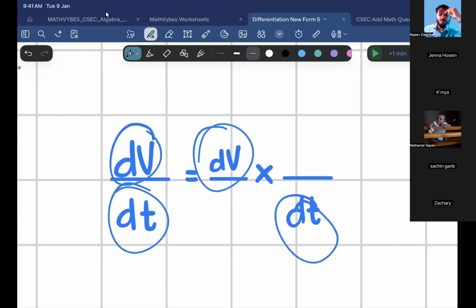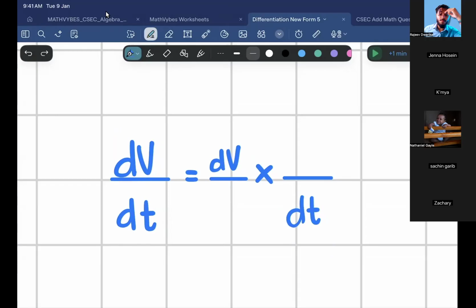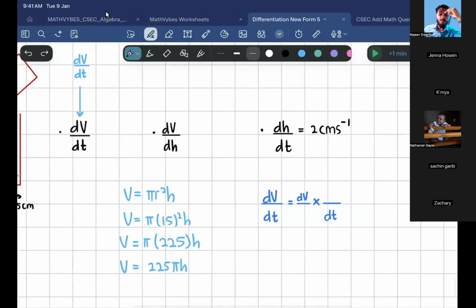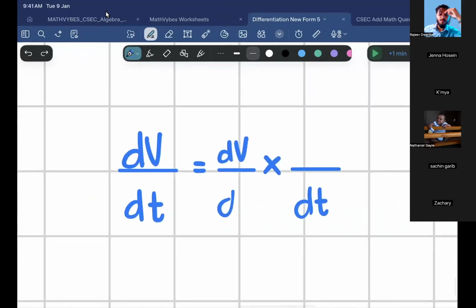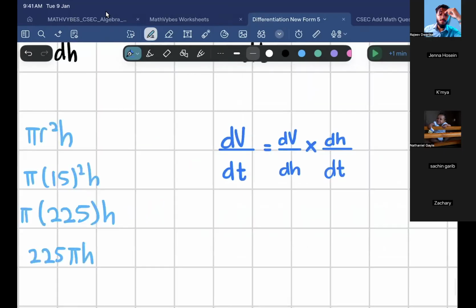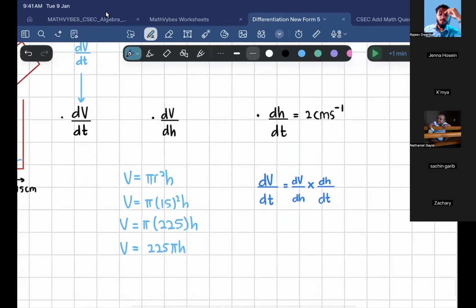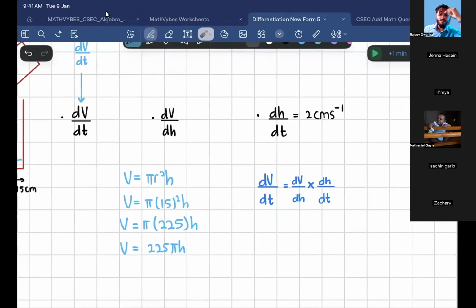And you'll find something that can cancel off, which is dH, so we can put dH here. This is one of my favorite topics in differentiation, and I love this. So now, Jenna, we're going to look at what we have. Which one was given to us? dH/dt. That's the change in height with respect to time.